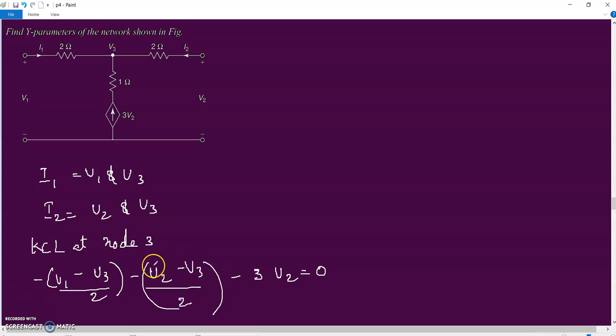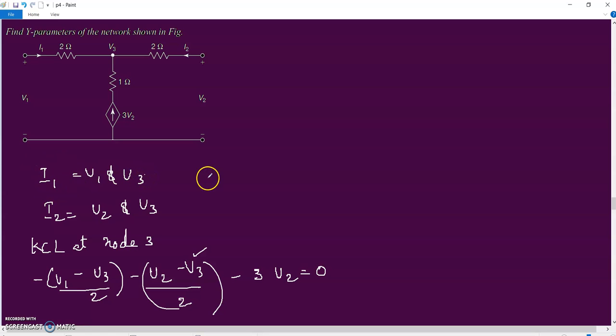So from this we have to find an equation for V3 and put that equation here. That is, we will get an equation for V3 in terms of V1 and V2 and put that equation in the equation of I1 in terms of V1 and V3.